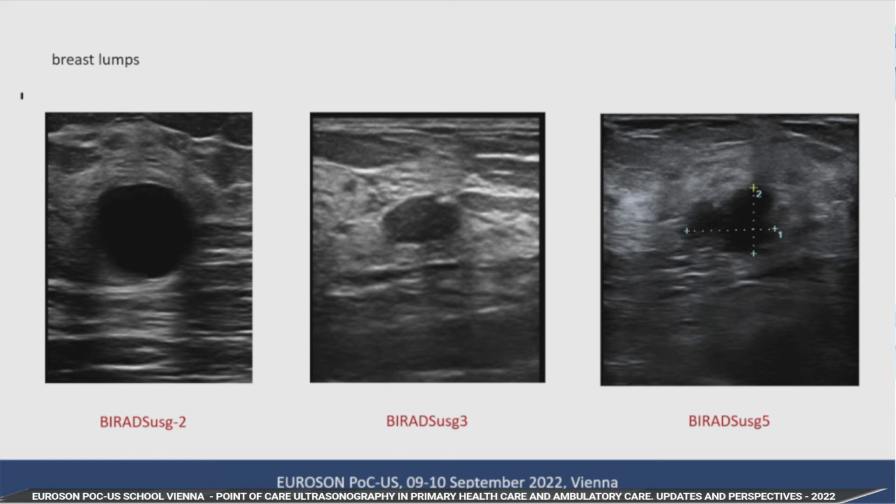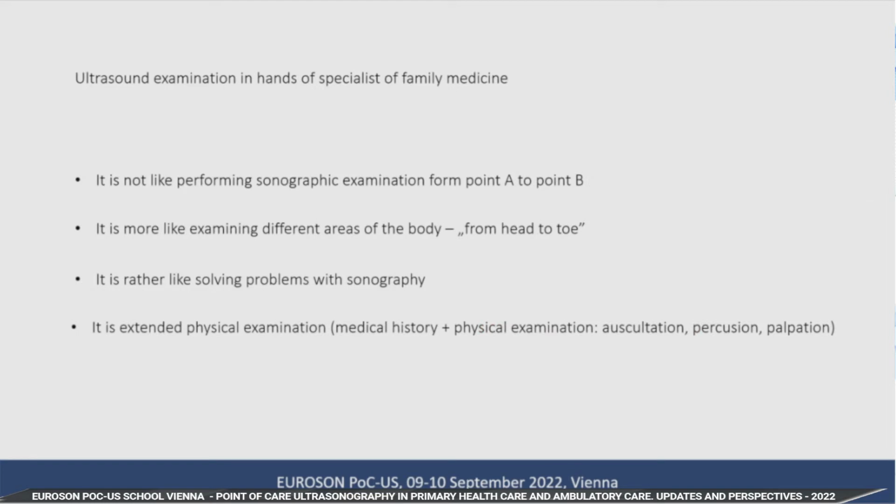But as family doctors, we need to consider, talking about the breast, very important things. What should we consider? The family. Were there any cancers in the family? And genetic background, not only BRCA1 or 2, but also other genetic background, like, for example, CHEK2.